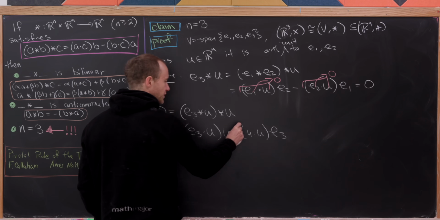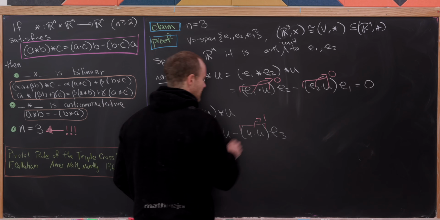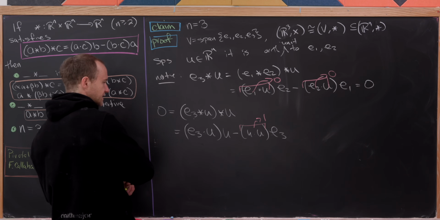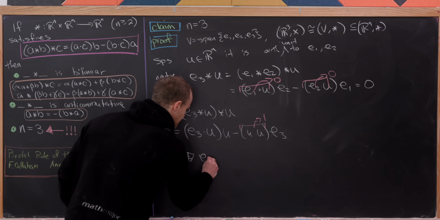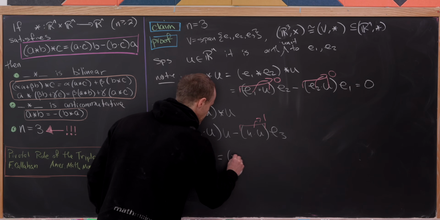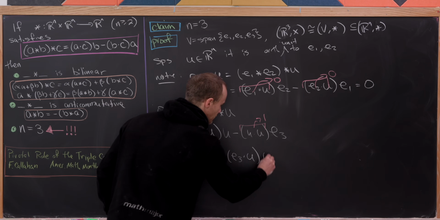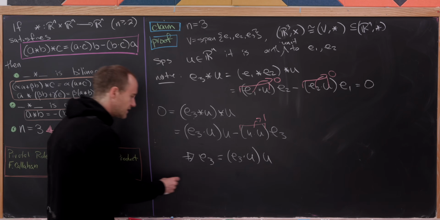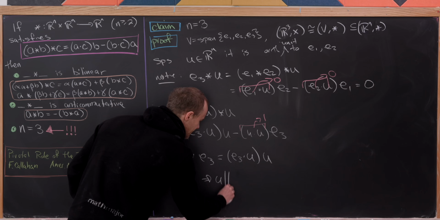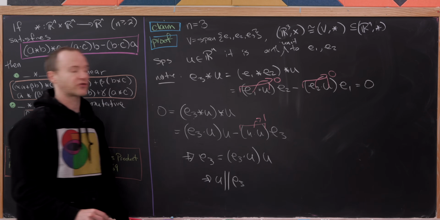So that means we can replace this u dot u with the number 1, and then we can in some ways solve. Observe that we have our vector E3 is equal to E3 dot u in the u direction. But this equation right here tells us that u is parallel to E3.